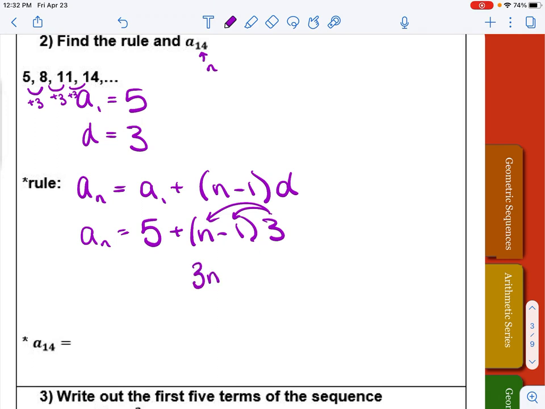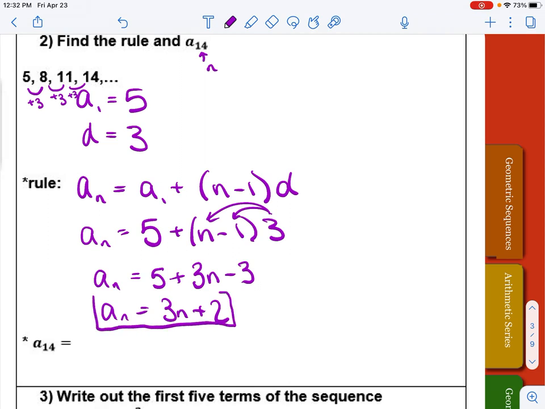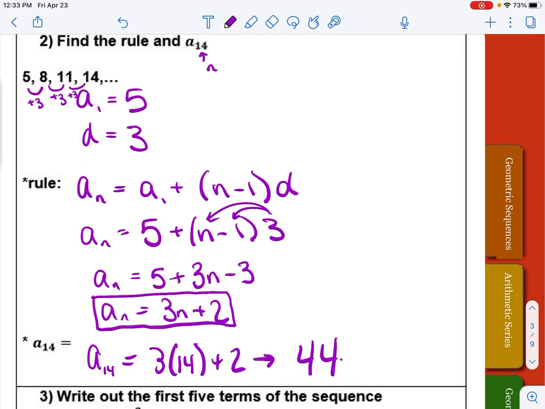We can distribute and then combine like terms. So this is our rule, our equation. Now we can plug in a sub 14 and we end up getting 44 is our term. So instead of adding 3 to get to the 14th term, which you could technically do, it would get you your solution. It's quicker to come up with it this way.